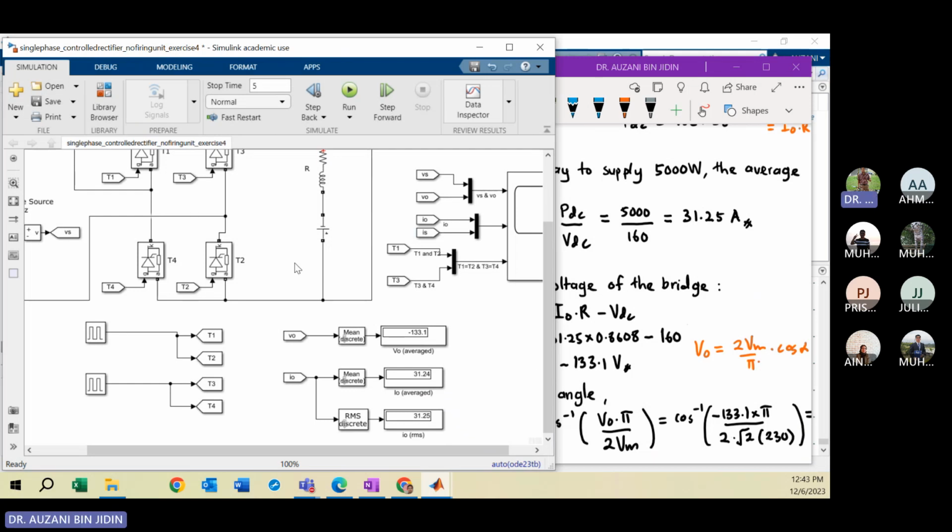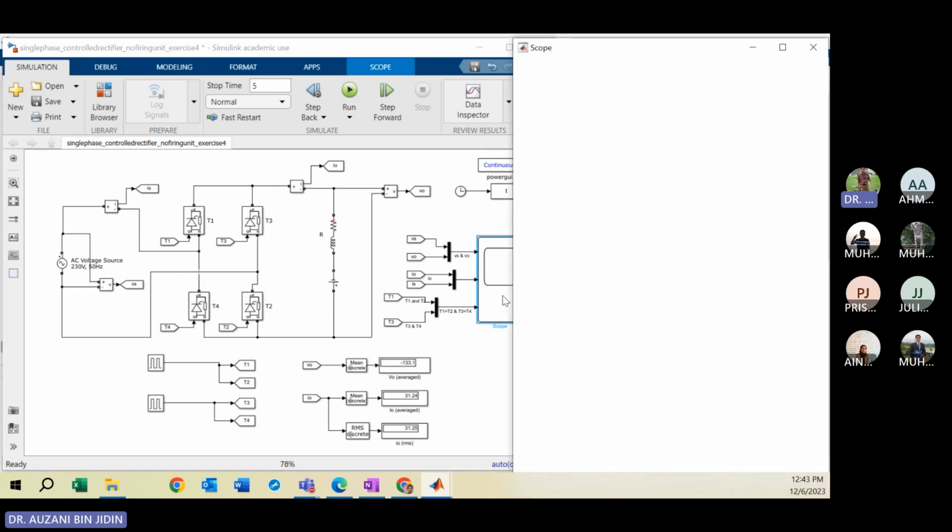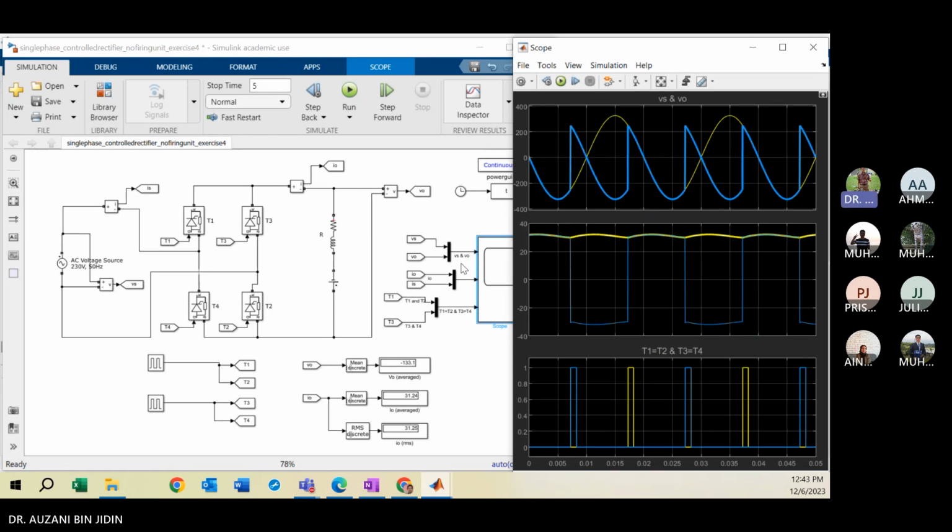Okay, the simulation is complete. We can see the result by double clicking the scope here. The first graph is the waveform of the source and the output. The source is yellow, the output is blue. Your VO is negative because the negative area is larger than the positive area. That's why you get the negative output voltage, minus 133.1 volts. The second graph is the output current waveform and the source current.